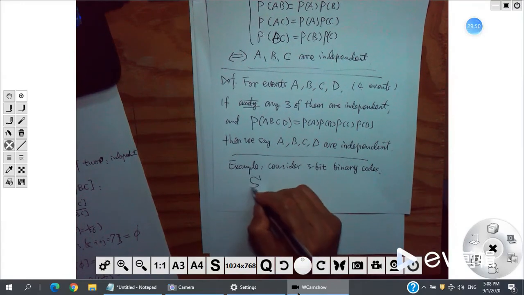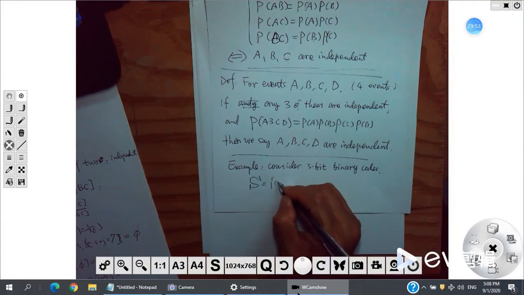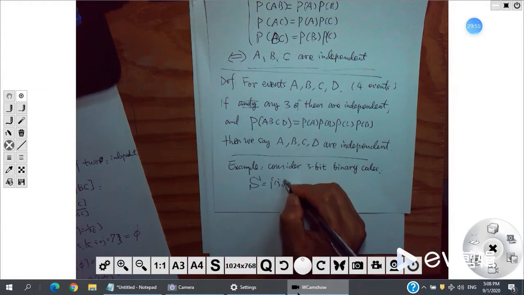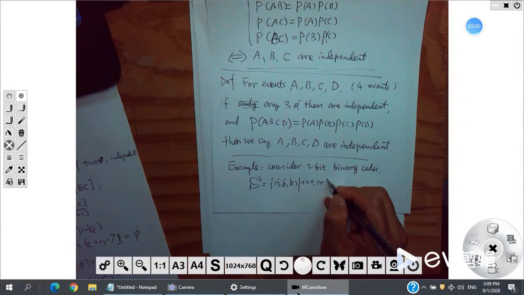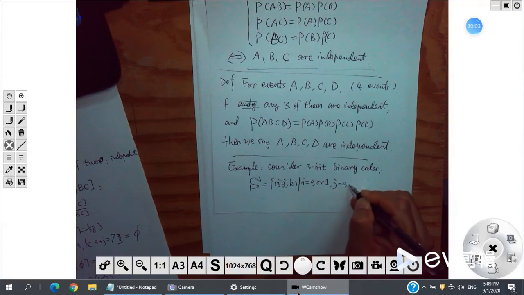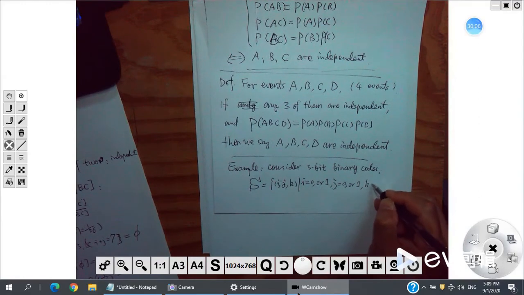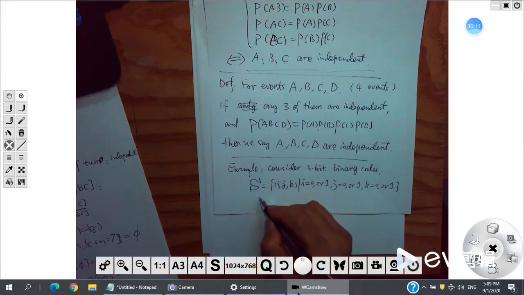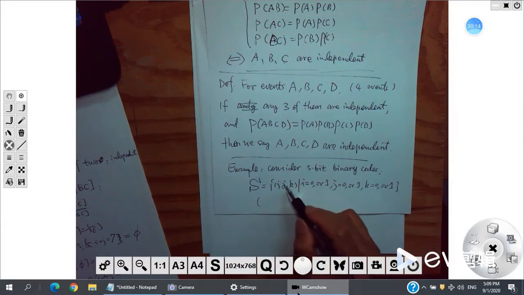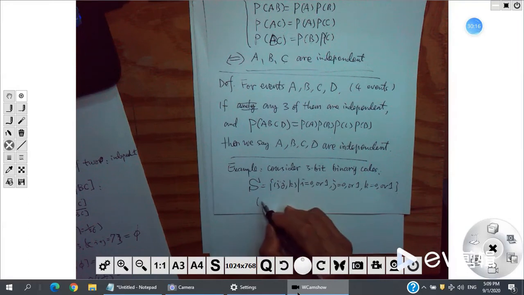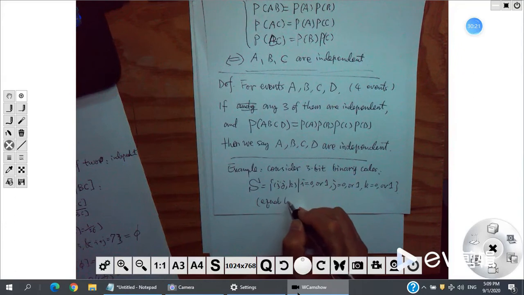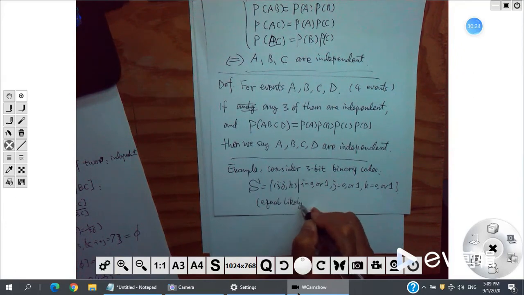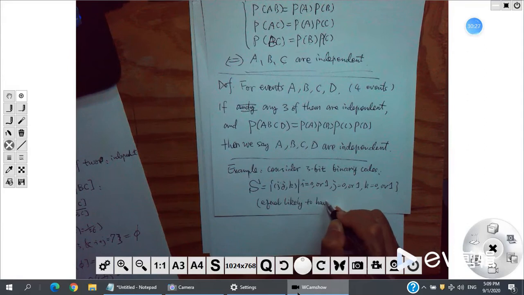And the sample space is I, J, K. Now I equal to 0 or 1. J is also 0 or 1. And K is also 0 or 1. And we suppose all these 3 numbers, they are equally likely to have 0 or 1.